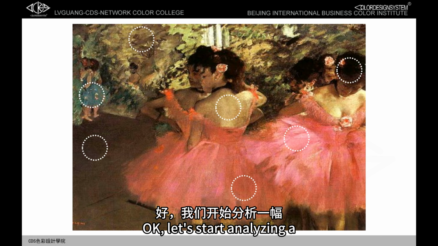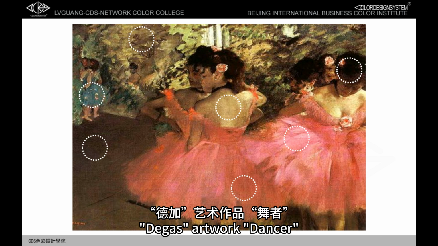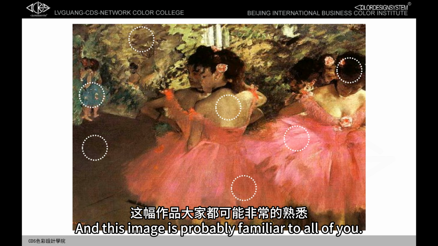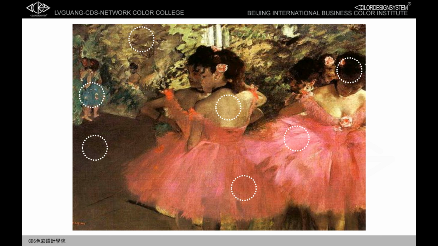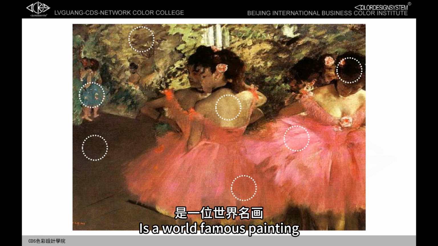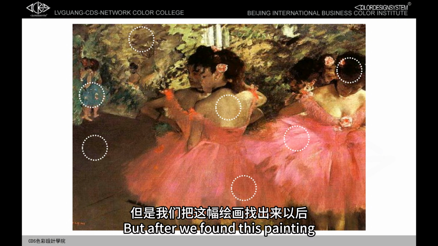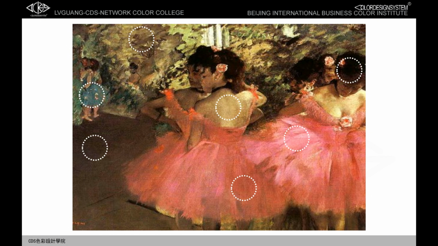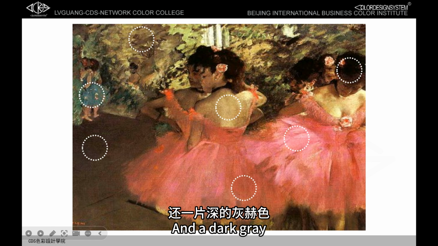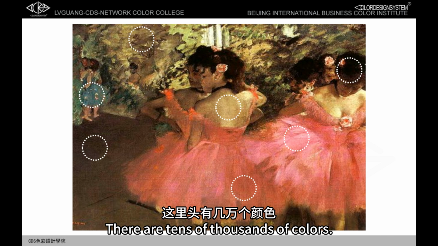Okay, let's start analyzing a Degas artwork, Dancer. This image is probably familiar to all of you. It is a world-famous painting. But when we look at this original work, you see a big red and a dark gray, yet actually there are tens of thousands of colors.